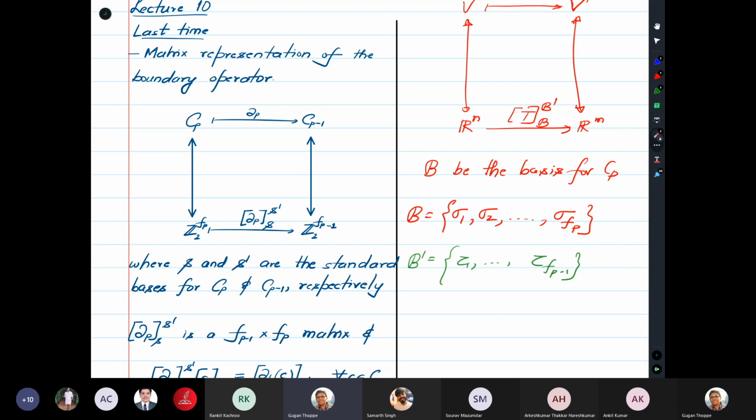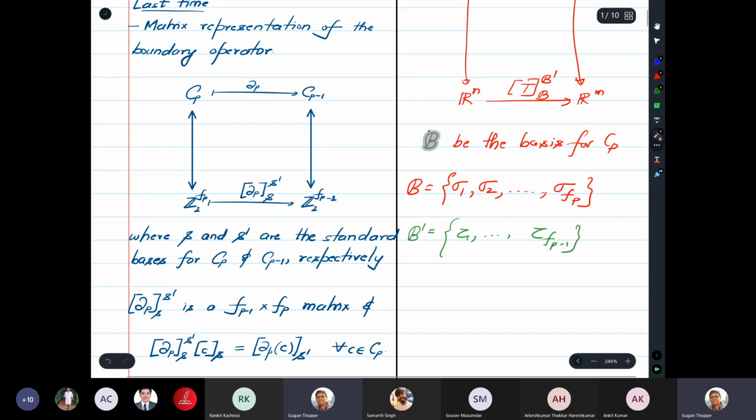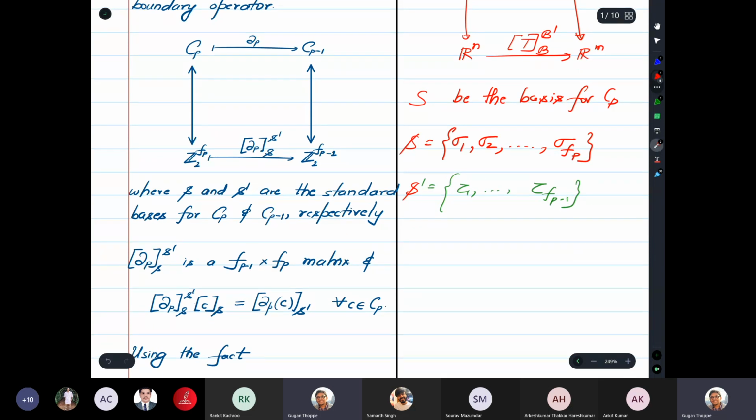I should actually use S and S prime so there is no confusion. So this will be S and this will be S prime. I hope you are all aware that the matrix representation depends on the choice of the basis. That's why we explicitly highlight what the basis is for the domain space and what is the basis for the codomain space.